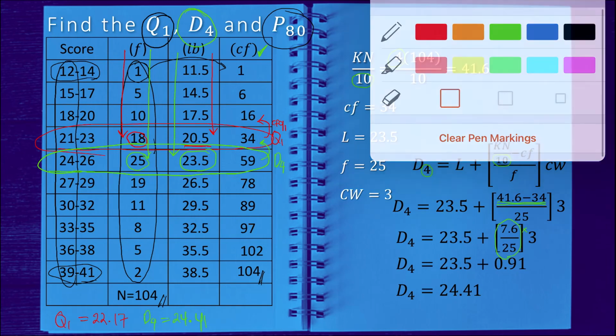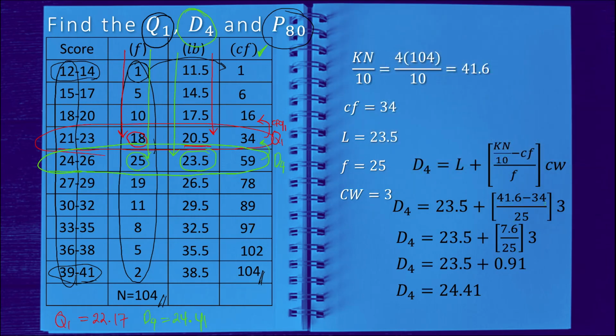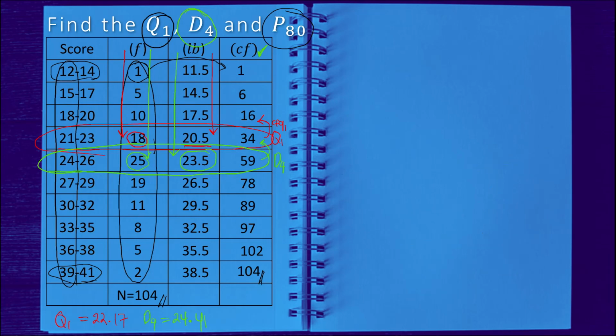Then, burahin muna natin lahat ng nasa right side para hindi tayo malito. Again, P sub 80 ang kukunin natin. Mapapansin nyo dito, nagbago na naman yung value ng I kasi ang hinahanap naman natin is percentile. Pag percentile, 100 po ang value ng I. Next is the value of K. That is 80.